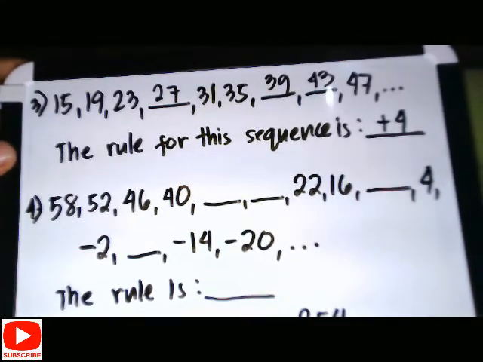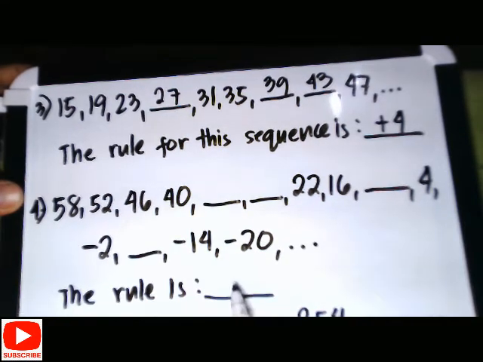In number 4, we have here 58, 52, 46, 40, blank, blank, 22, 16, blank, blank, a blank, 4, negative 2, blank, negative 40, negative 20, and so on. So let's identify the rule for this sequence.